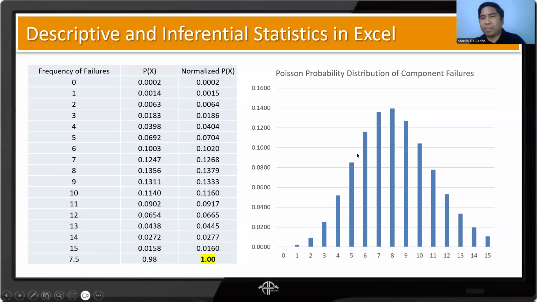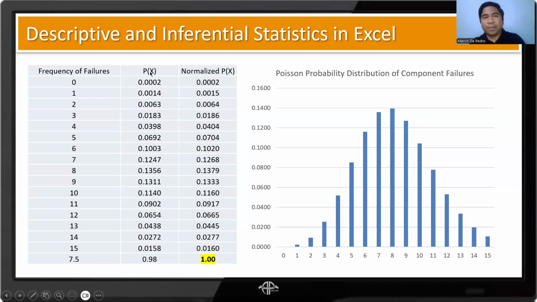So normally, this is what we want to happen. Our distribution will be somewhat like this, somewhat close to normal, because we can actually convert this into a normal form. We have the term normalize. We can normalize this by dividing by the total, or the sum, of the probabilities.